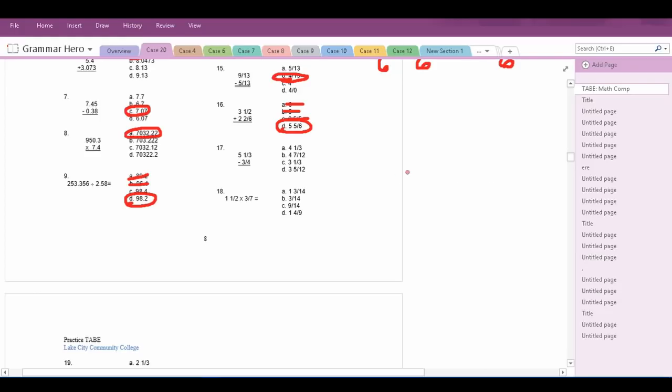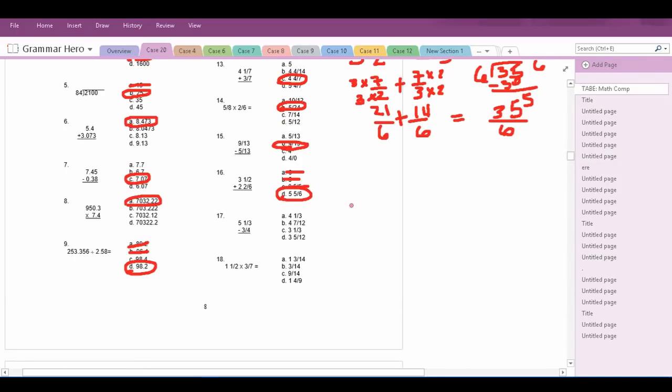Now we're going to subtract a mixed number from a fraction, and again, we can't do that unless they are both fractions. So let's go ahead and write this off to the side, and then we'll work on it. 5 1/3 minus 3 over 4. Again, this is the mixed number, so we have to convert this one. 5 times 3 is 15 plus 1.